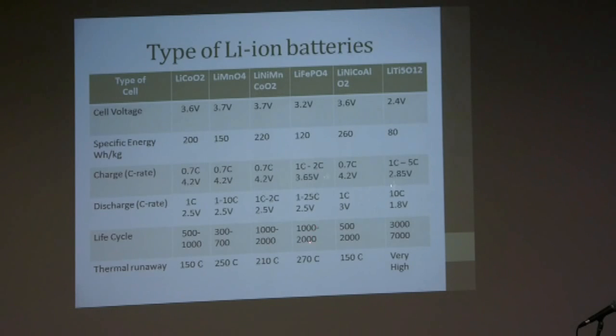Another important thing is, for instance, the thermal runaway temperature. This says something about the safety. If batteries heat up, if you charge them quickly, or it's already hot outside and then you charge them quickly, right, you get temperature on top of temperature.